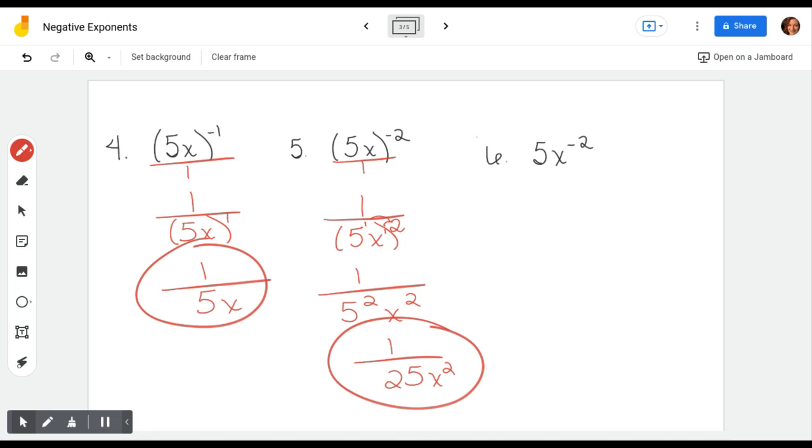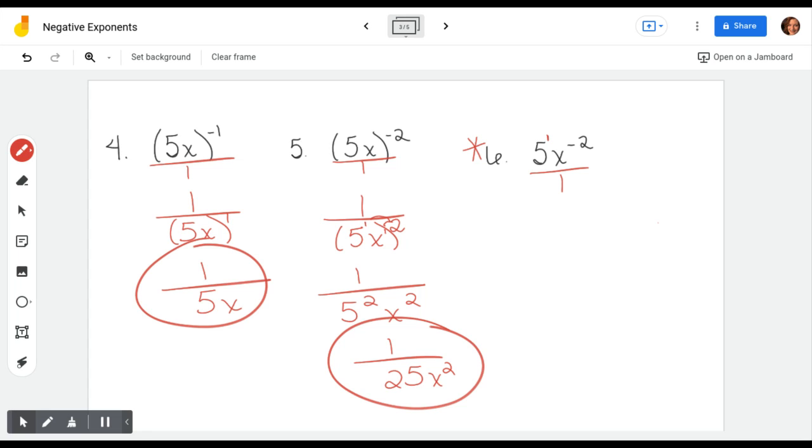Now, number 6 gets missed more than any other type of problem in this section. The issue is that 5 and x are not attached to each other with parentheses. So they are not actually together. They do their own thing. While the negative 2 is the exponent on the x, the 5 really has a 1 there. And he's positive.